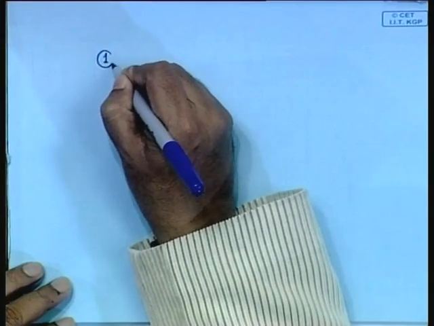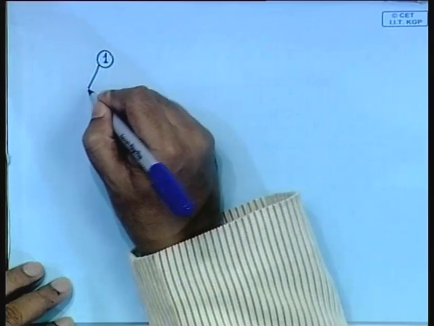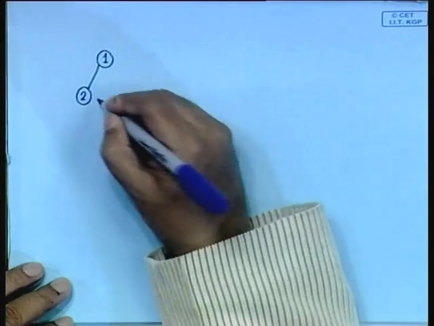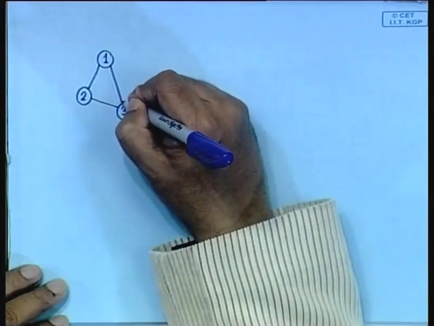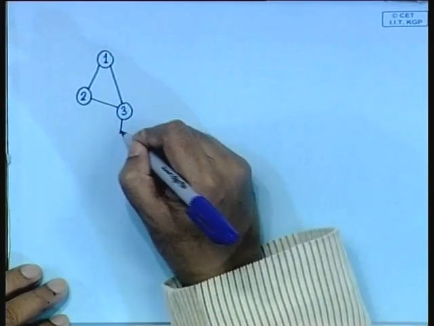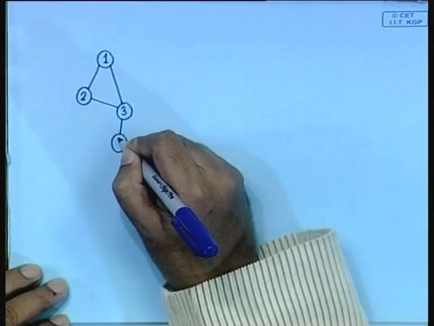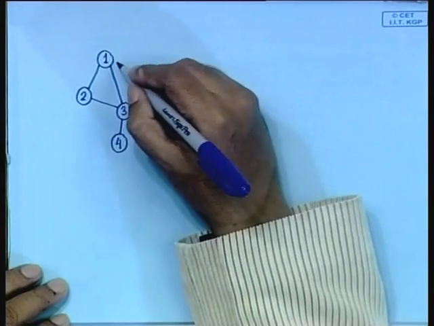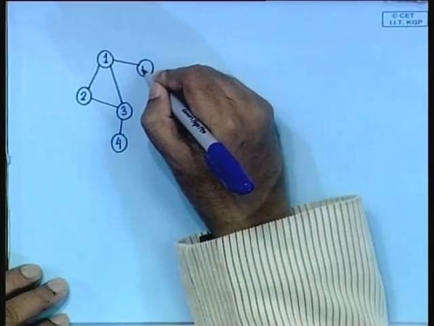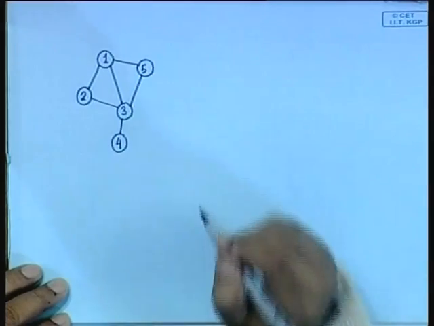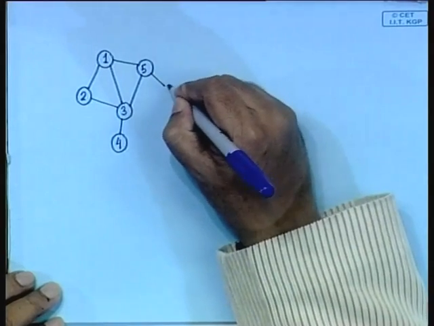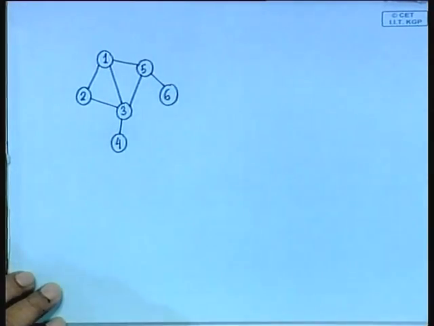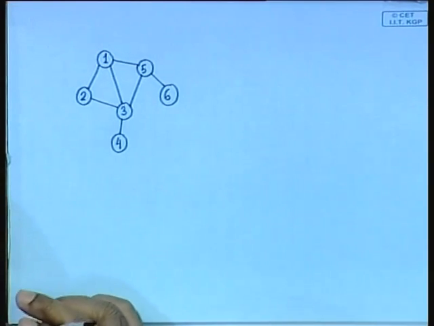So, 1, this is the network, okay. 2, let us say that the node 1 is the initiator, right.